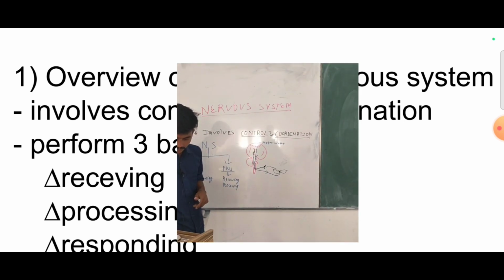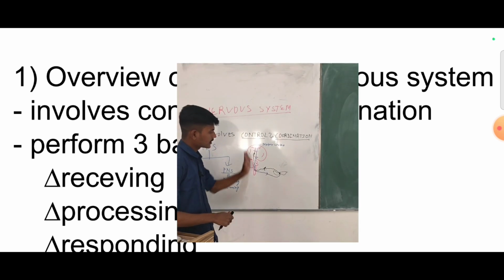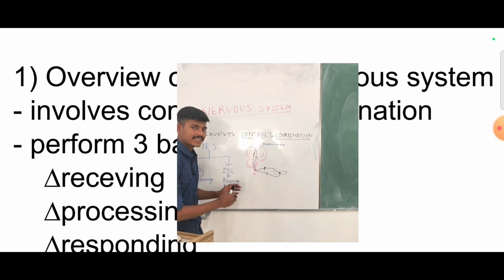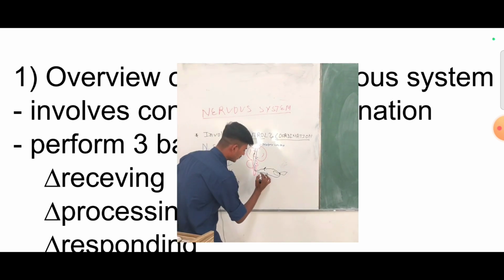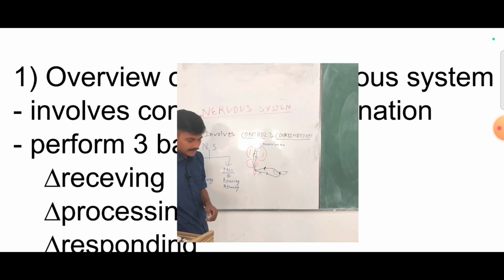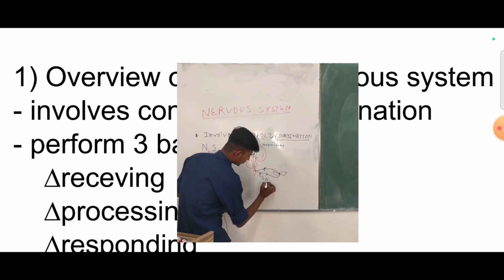Now the information which goes to the central nervous system is called sensory information, and it travels via the sensory nerves. So basically these are the sensory nerves, clear?